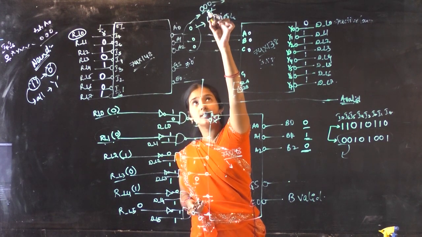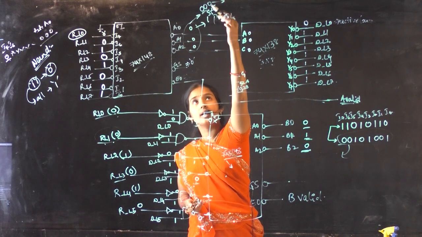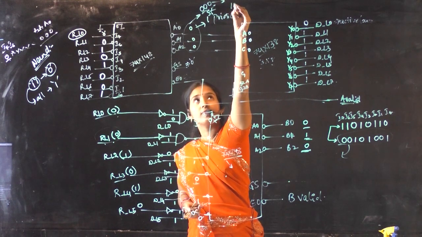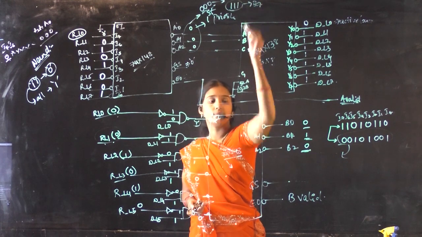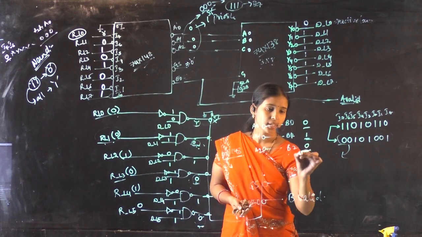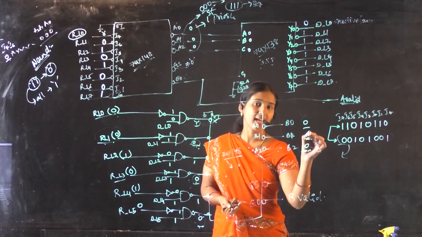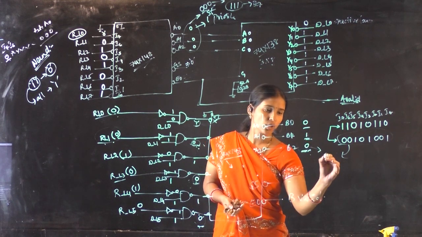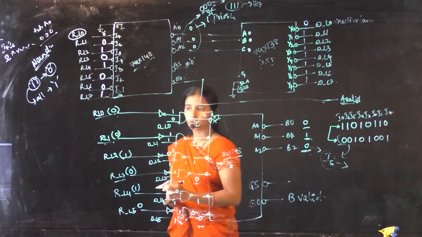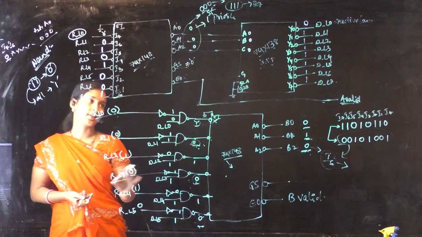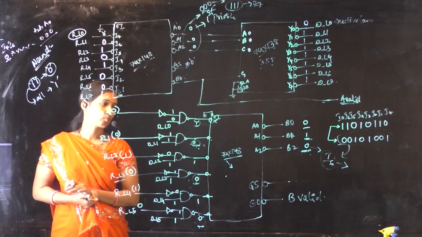As active low signals, 0 0 0 indicates I7, which is the highest priority. At the same time, if you see here 0 1 0, these are active low signals. It indicates your I6 is at the second highest priority. And this is what you can see from this diagram.